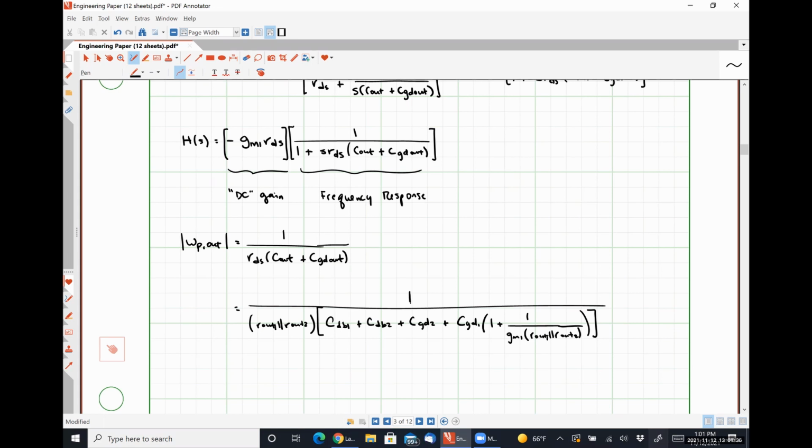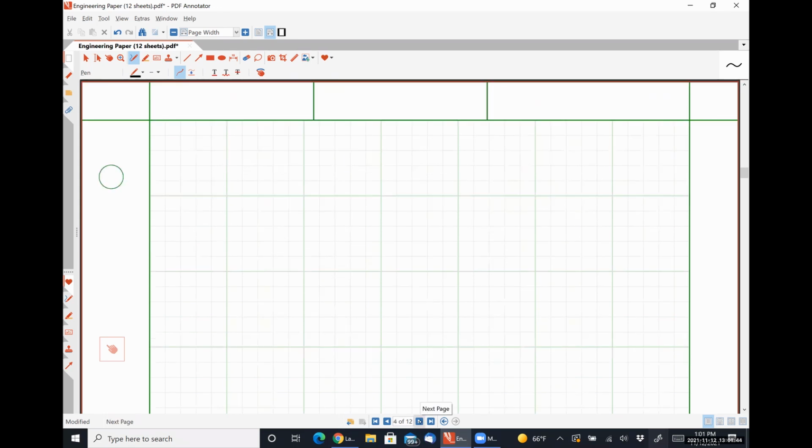All right, we're about to repeat this. I'm not going to do all the work, but we're about to repeat this for the left-hand side. All right, so if we have a common source amplifier, but this time it is loaded with a diode connected transistor.